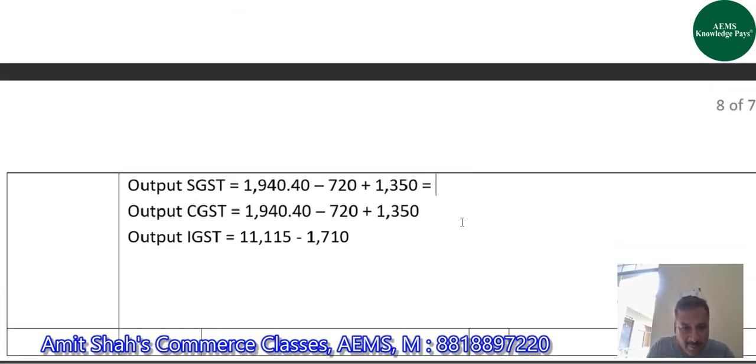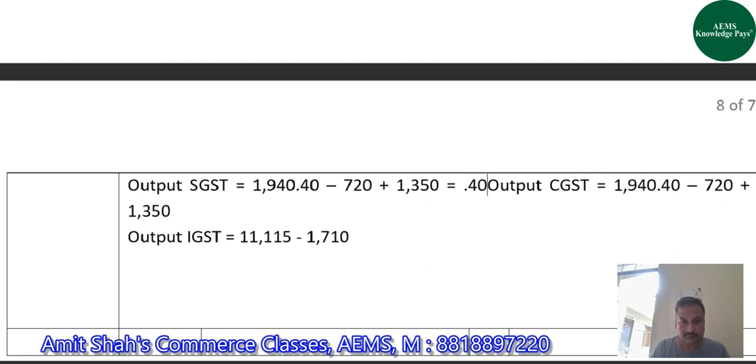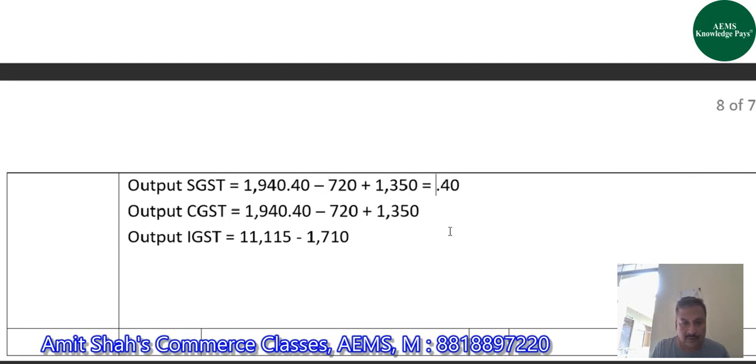Then here the amount would be 3290, and here 2570.40, and here it is 9,405. Correct?